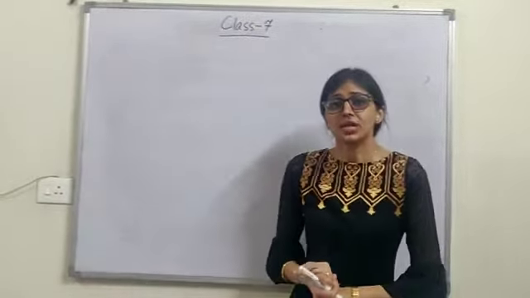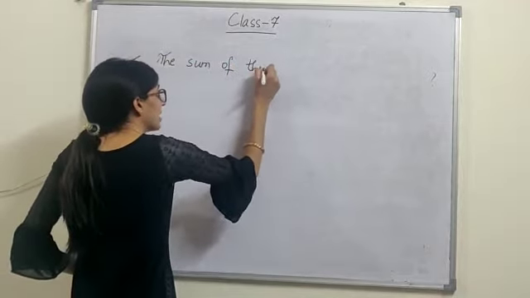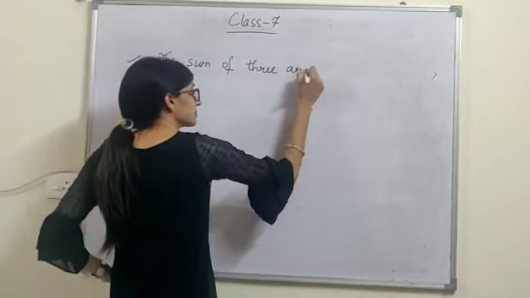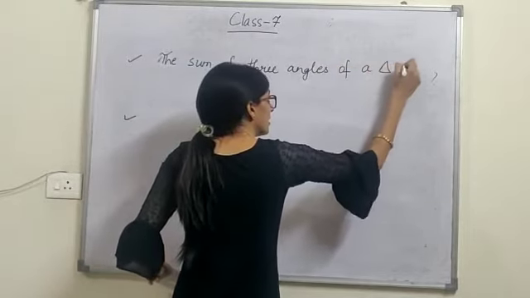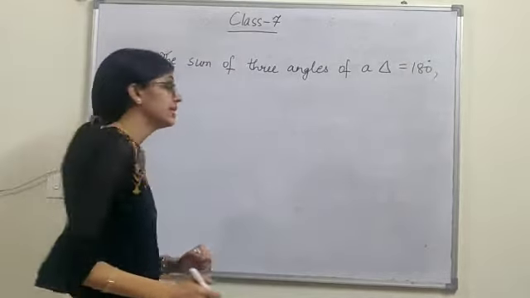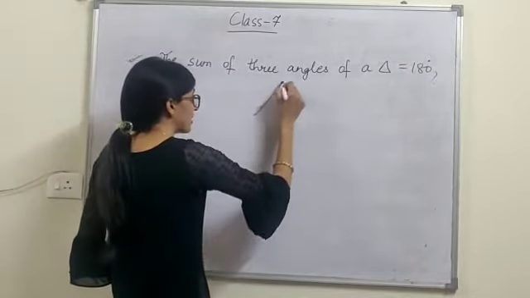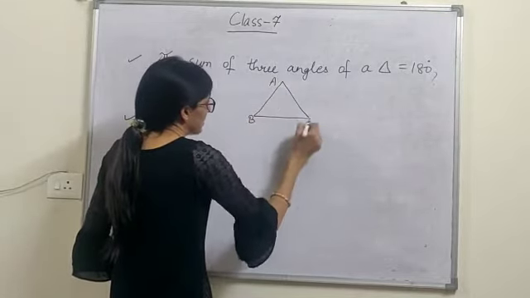The first property states that the sum of three angles of a triangle is equal to 180 degrees. That means suppose a triangle is given to you, triangle ABC.